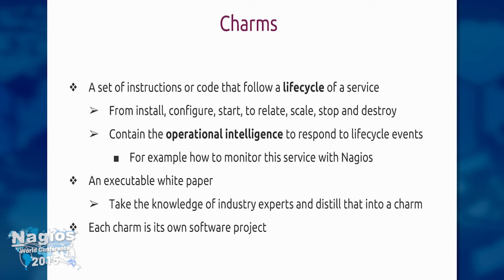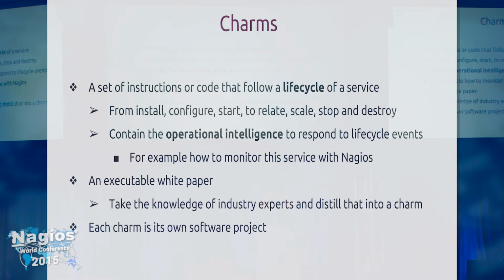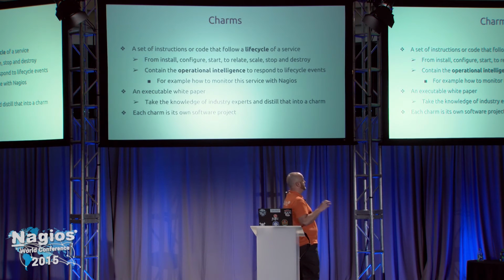So basically it's a set of instructions that follows the life cycle of the service. And what do I mean by life cycle? Install, configure, start, relate, scale up or down, stop and destroy. That's the life cycle that we're talking about. And those are mostly the events that we're responding to. But the charms have the operational intelligence to do what's right in those events.